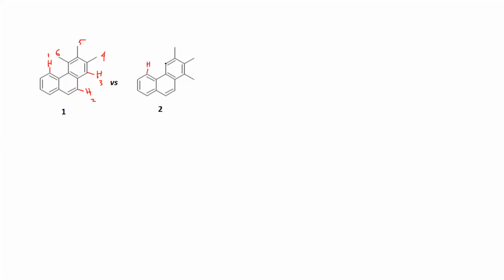This is methyl, and you have 1 proton. If I take 1, 2, here 3 has changed. So here is 3, here is 3. If I take this as 3, I have to take 6, 4 and 5.